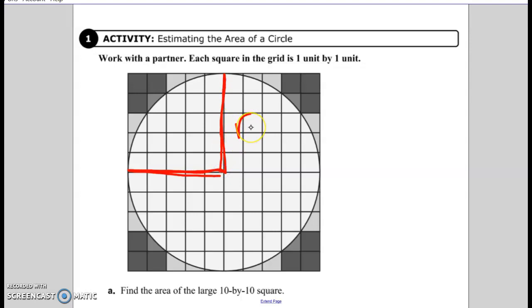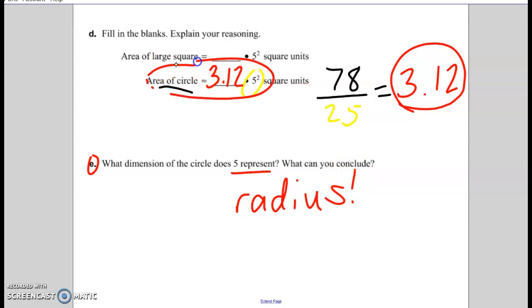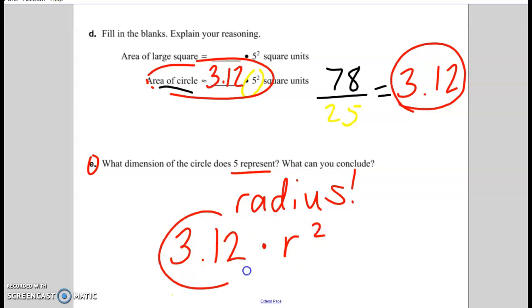That's the radius. So the 5 represents the radius of the circle, which means that this formula up here is 3.12 times the radius squared. Interesting. Anybody notice what this looks like yet?